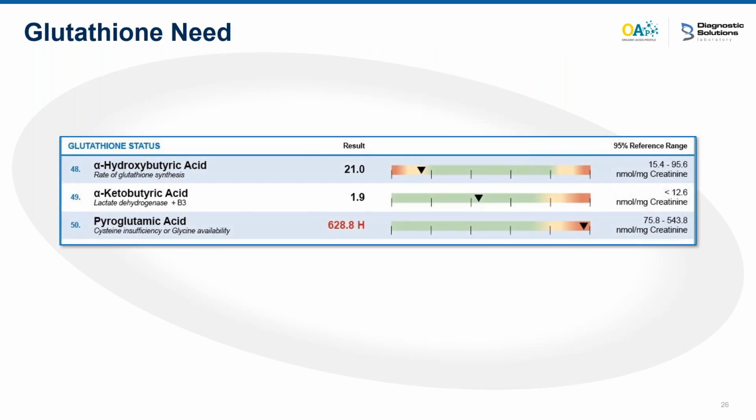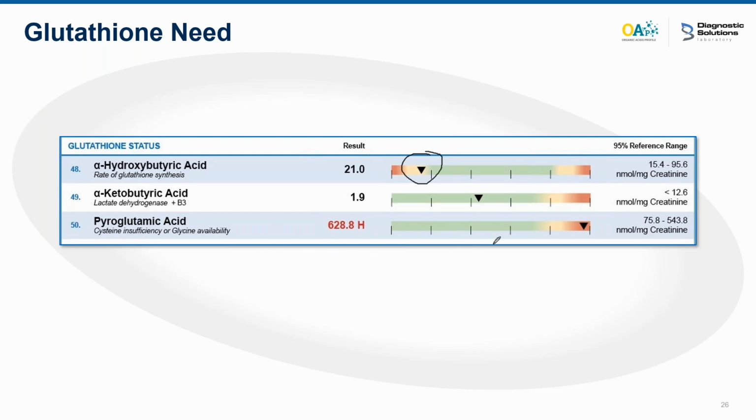Also, Dee Dee showed glutathione need. Okay, so those of you who mentioned oxidative stress and glutathione, you were right. So number 48, alpha hydroxybutyric acid. This is a marker of glutathione synthesis, and she is low. So she's not making much glutathione.